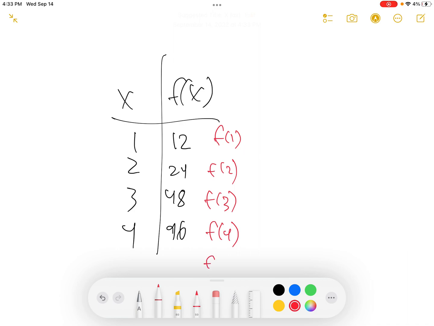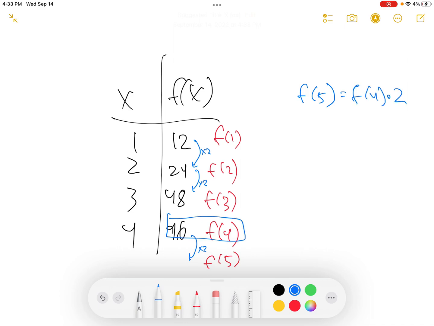If I want to find f of 5, how am I going to do that? Well, like we did before, we're just timesing by 2. So to find the next one, we're timesing by 2. If I wanted to find out what f of 5 was, I would take this value, which is f of 4, and I would times it by 2.